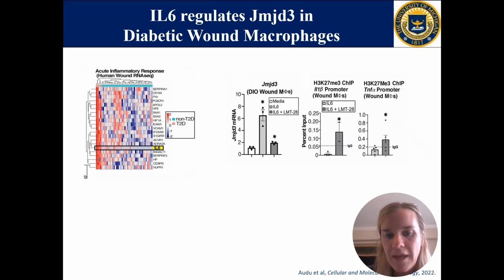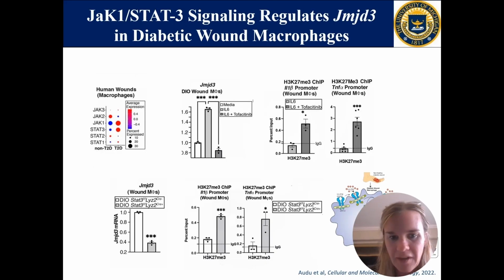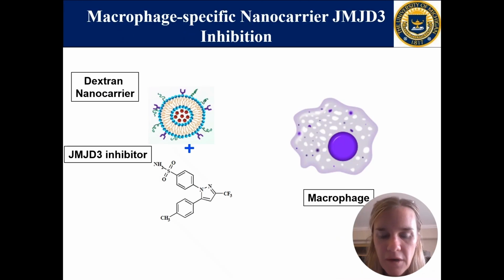So we were looking at ways to decrease JMJD3. It's also regulated via IL-6 and JAK-STAT3, both in human macrophages and in murine macrophages. But we were looking specifically, and this is a new angle that our lab has taken over the last 5 to 10 years, where we're using drugs, nanocarriers, that specifically target the macrophages and can bring some of these epigenetic enzyme inhibitors, and in this case, the JMJD3 inhibitor, to the macrophages in the wound and reverse the phenotype.